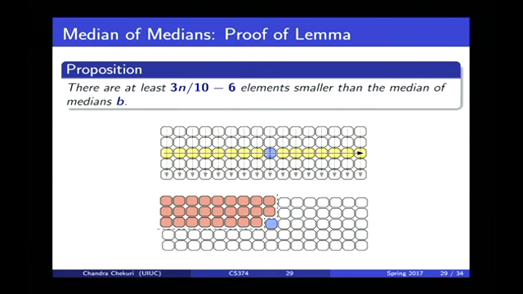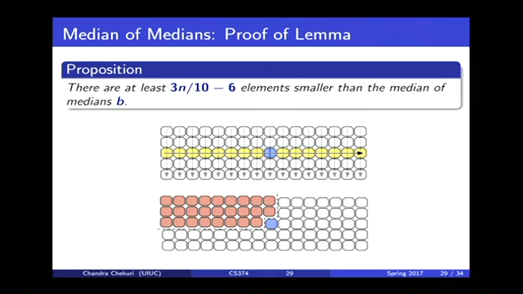The total number of groups is n over 5, but how many are there in this top corner? Only n over 10, because the median is in the middle of the n over 5. So this is the n over 10th guy in the n over 5 groups. So the number of guys here is n over 10 times 3, so 3n over 10 are in this corner. So 3n over 10 numbers are less than the blue guy, and 3n over 10 numbers are bigger than the blue guy. Do I know anything about the relationship between this guy and the blue guy?